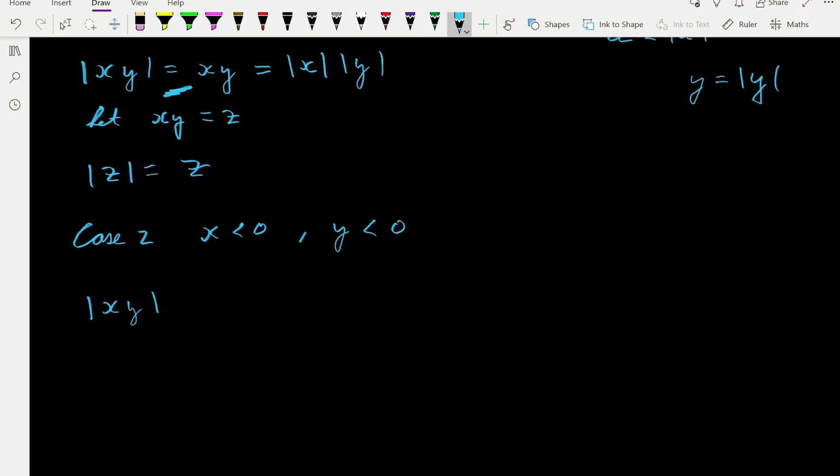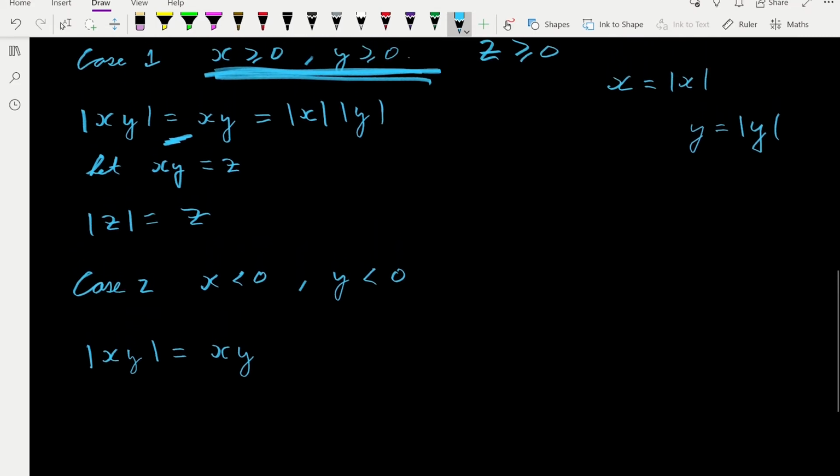So you're going to get something positive anyways after you multiply those two negatives, x and y. So all absolute value does is make something positive. We know that it would be positive even if the absolute value bars weren't there. So we can say that the absolute value of x times y equals just x times y.